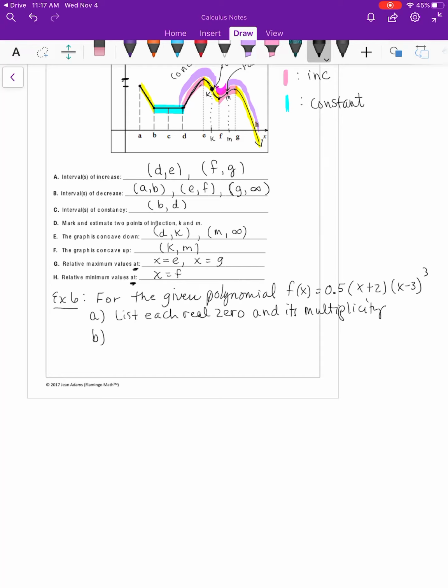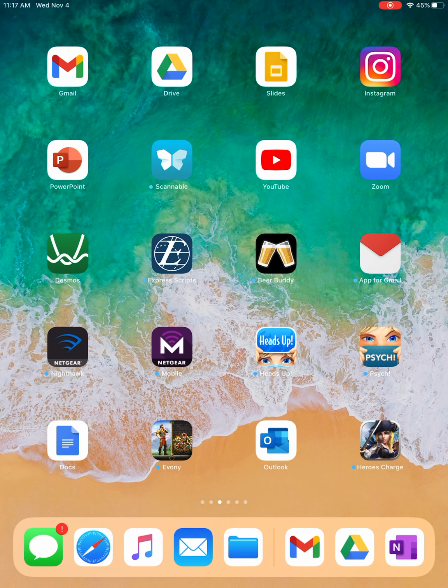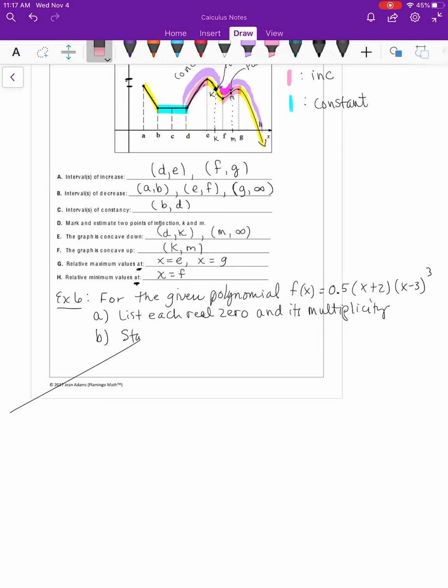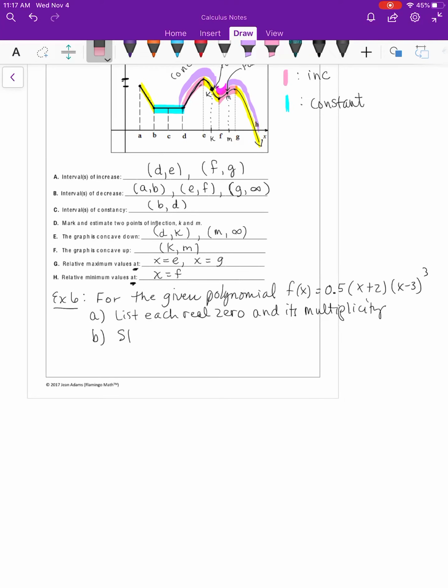And for part B, state whether it crosses or touches the x-axis at the zeros.